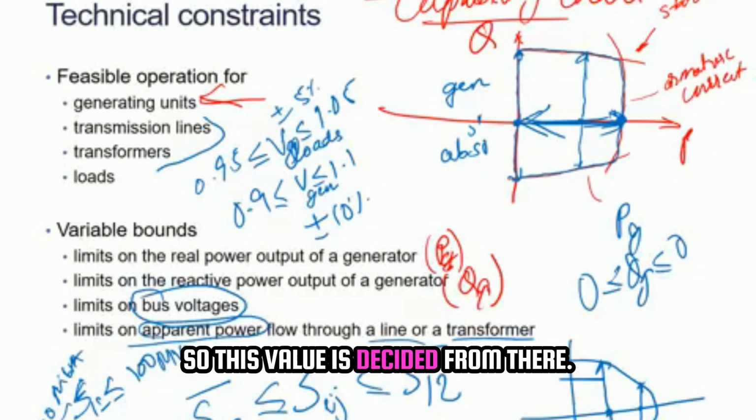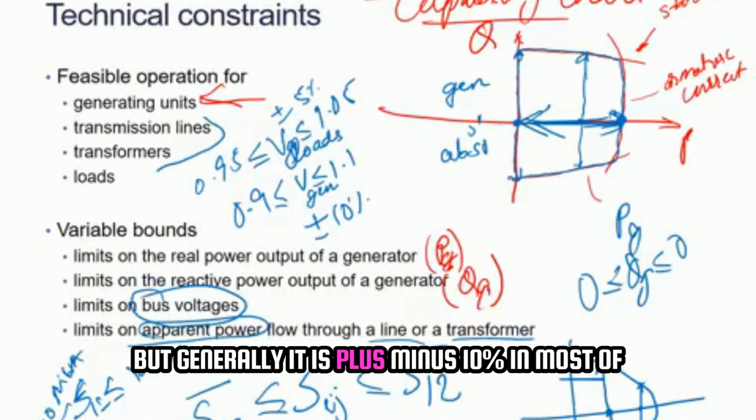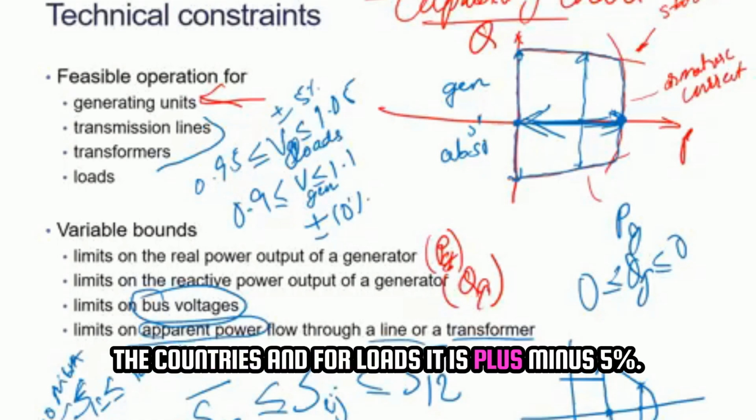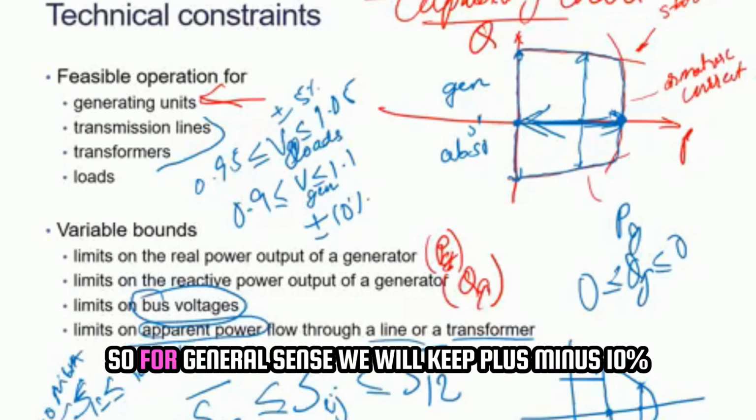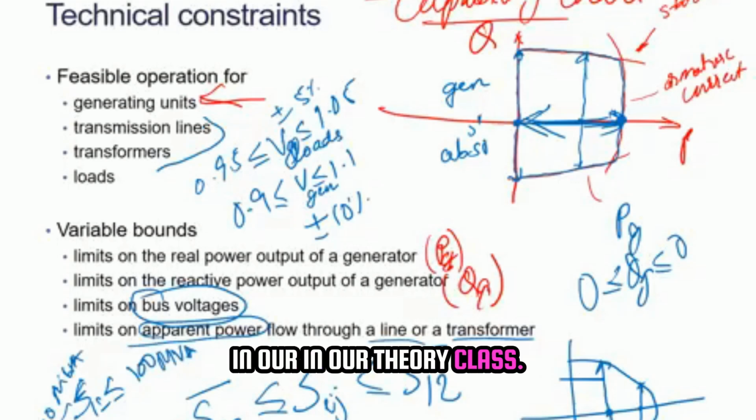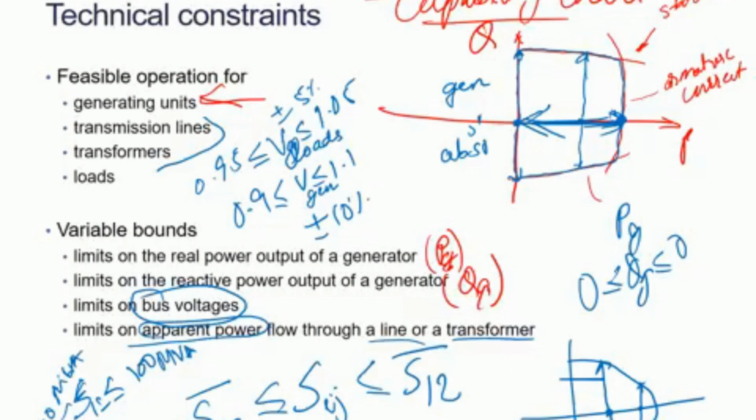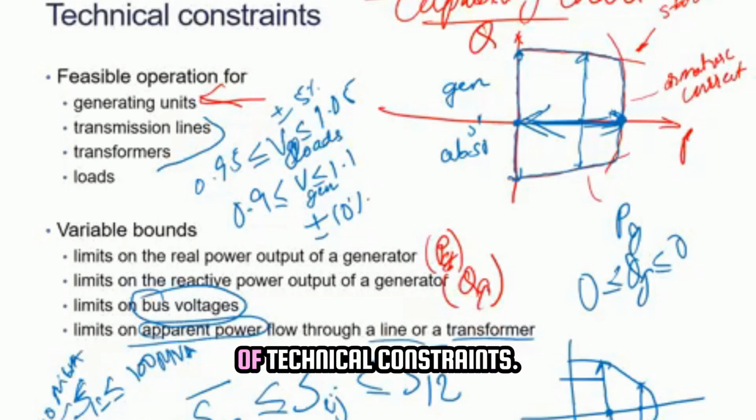So this value is decided from there, but generally it is plus minus 10% in most countries, and for loads it is plus minus 5%. For a general sense we will keep plus minus 10% in our theory class, but obviously in practical things can be different.